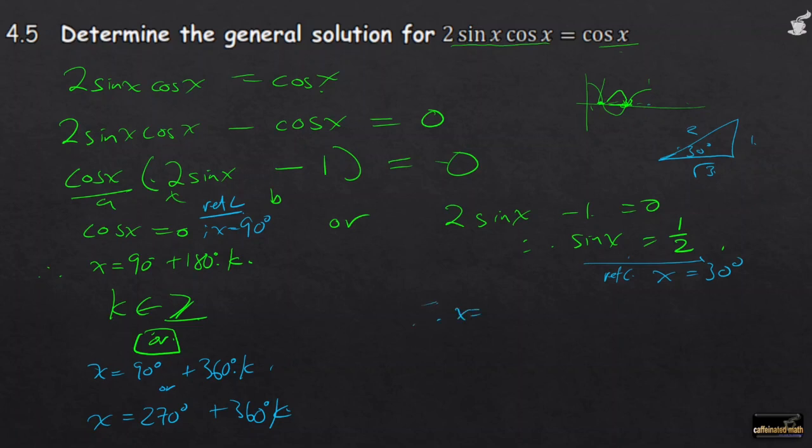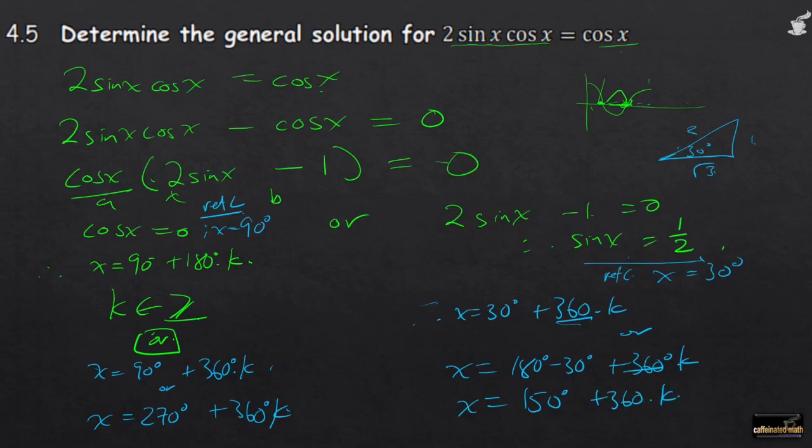Therefore, x is equal to 30 degrees plus 360 degrees times k, or x is equal to 180 degrees minus 30 degrees plus 360 degrees k, again acknowledging the period over which the solution is valid. So that simplifies to 150 degrees plus 360 degrees times k, again where k is a member of the integers. I think that's good enough.